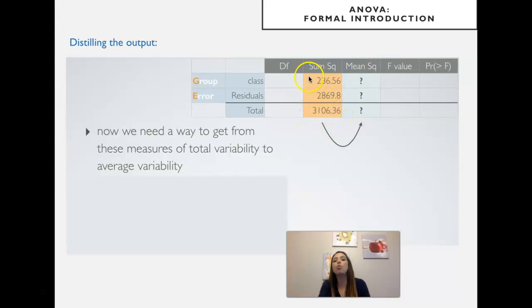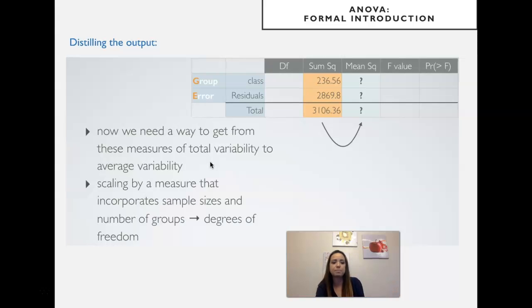So this is just the overall total squared error, and we need the mean squared error. So we need a way to go from these measures of total variability to average variability. And we need to scale by a measure that incorporates sample sizes and number of groups, which is the degrees of freedom.